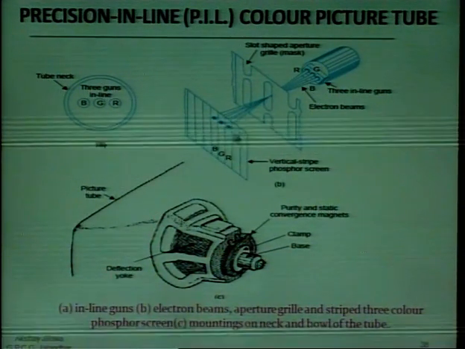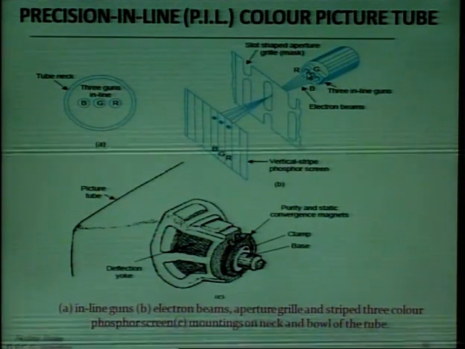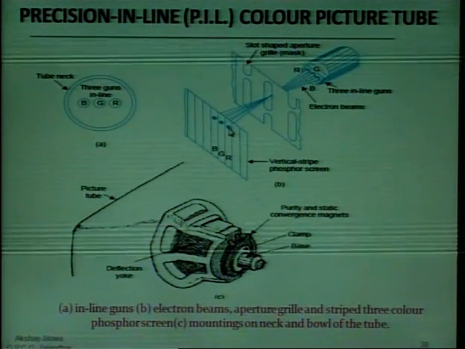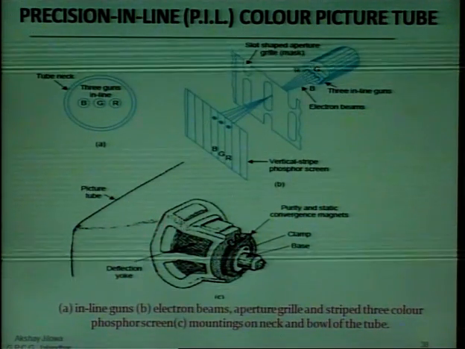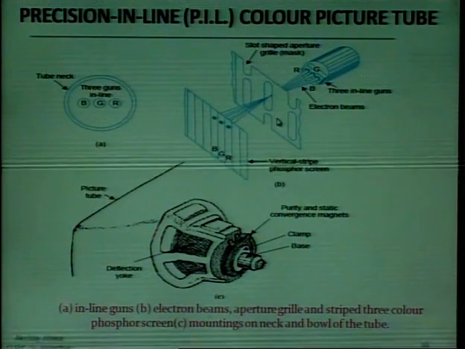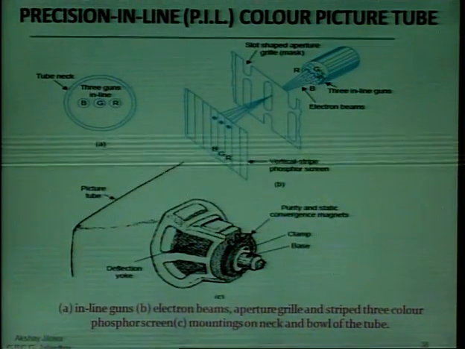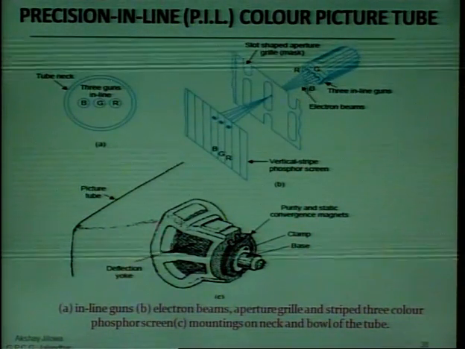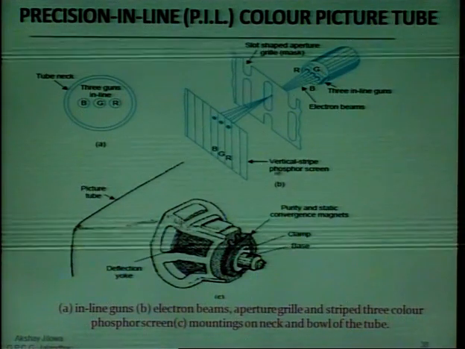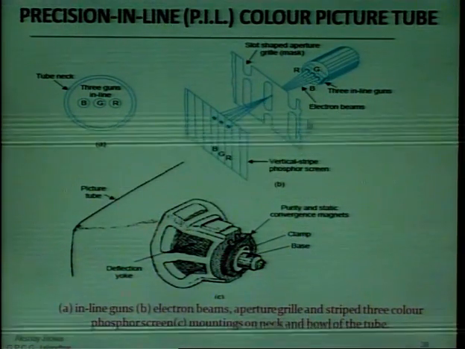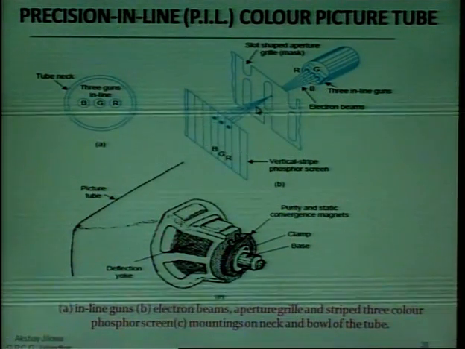Blue, green and red strips are coated on the screen, and the corresponding electron beams strike the red, green and blue phosphors, which gives us the resultant color. Similarly, the shadow mask is also different. With the help of this the convergence problem is avoided to a certain extent. At the same time, as the shadow mask is of this type, the 80% signal strength which was lost in the shadow mask is also reduced considerably with this type of picture tube.